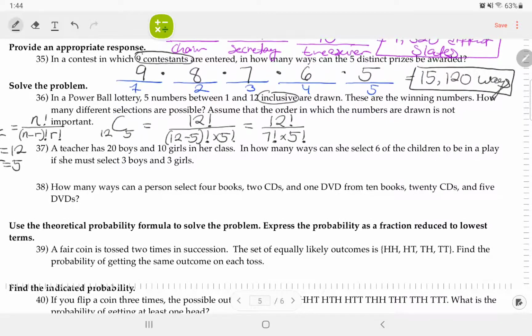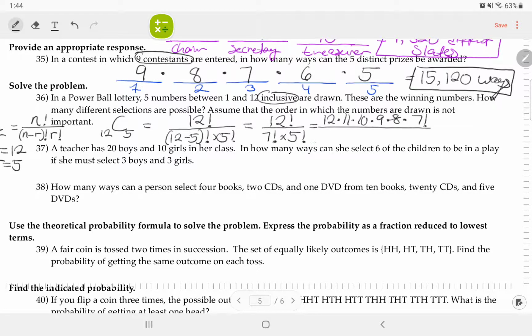Expand the top to the larger factorial to simplify that, and then expand the smaller one. So the larger factorial in my denominator is 7 factorial. So we're going to expand my 12 factorial until I reach 7 factorial. 12 times 11 times 10 times 9 times 8 times 7 factorial.